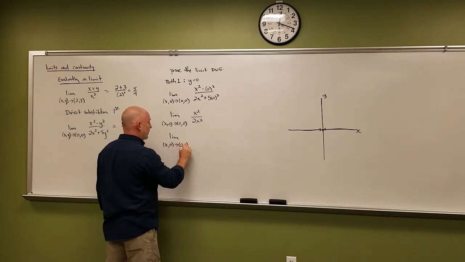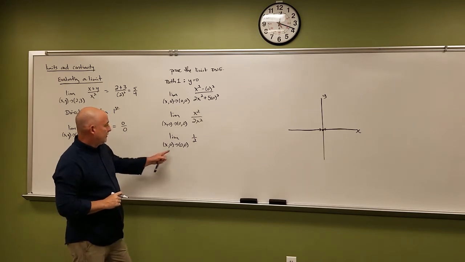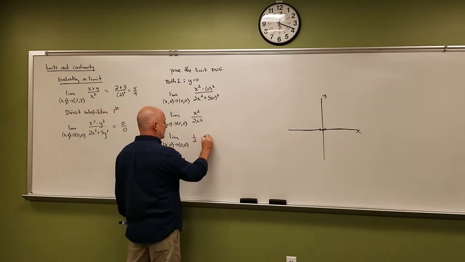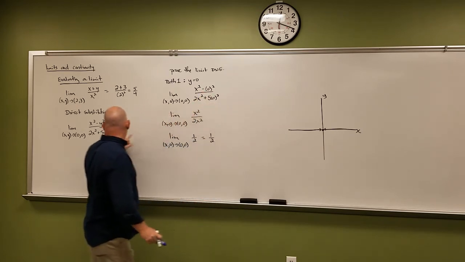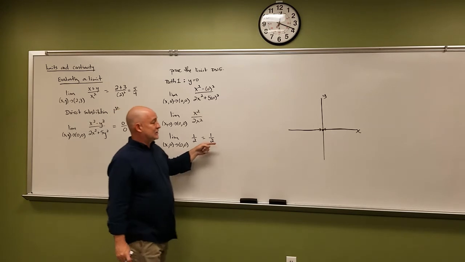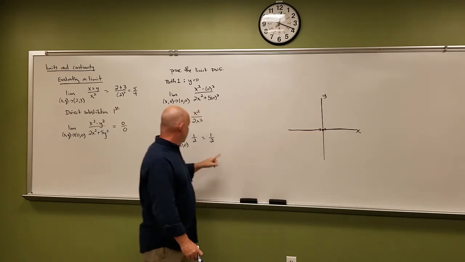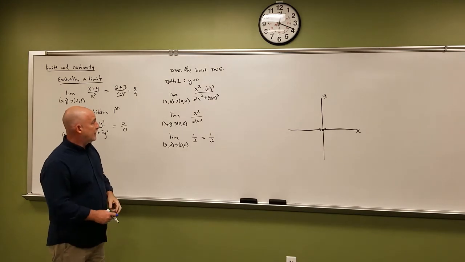Well, that's 1/2. And of course, the limit of a constant is that constant. So if we approach this function along the x-axis, heading towards 0, 0, we get a value of 1/2. No matter if we're coming from the left side or the right side, we still get that 1/2.